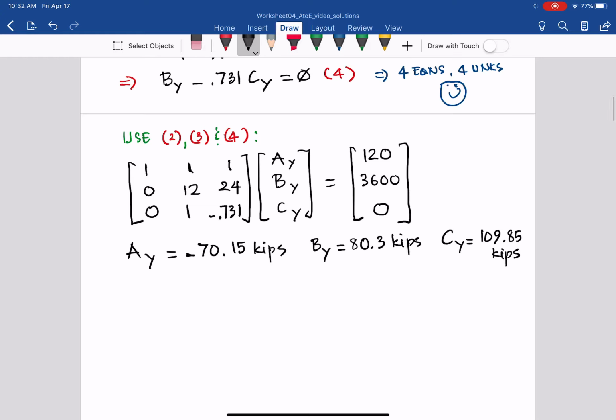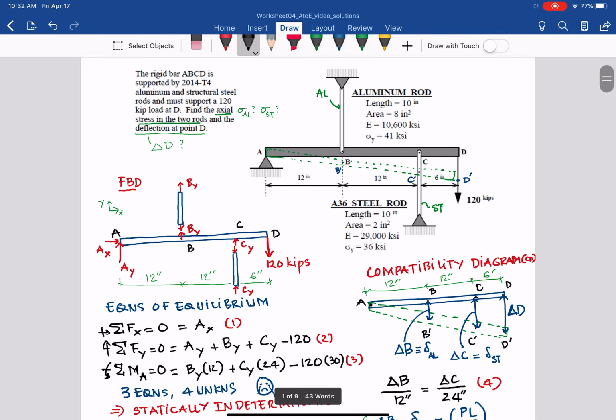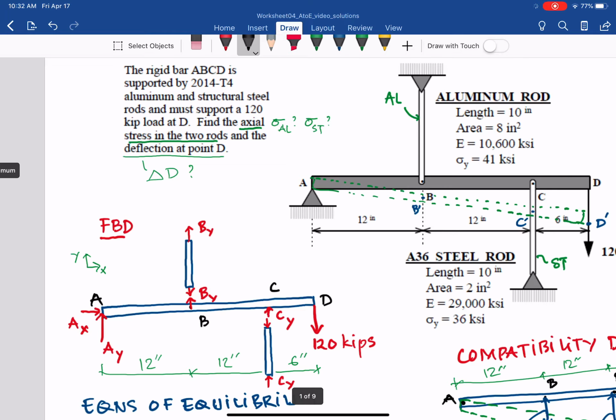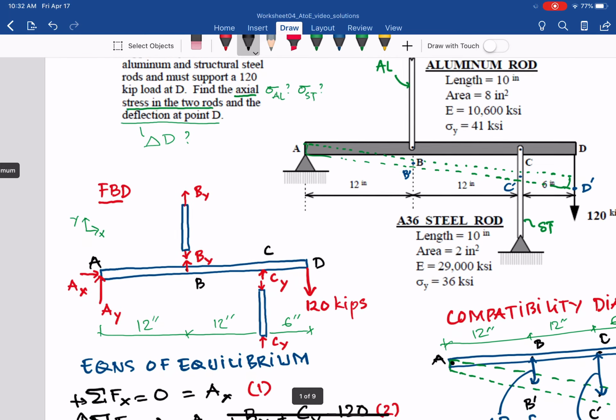Are we done yet? No, not yet. The question asks: what is the actual stress in the two rods and the deflection at point D? So you have to find that, right?